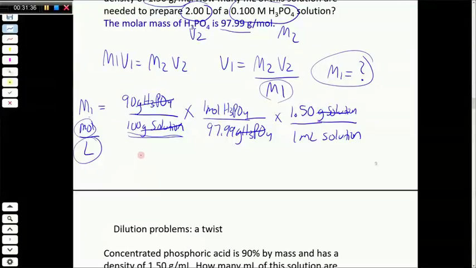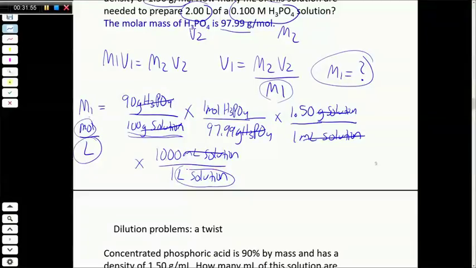But then if we want to go milliliters of solution in the denominator into liters, we multiply by 1,000 milliliters per 1 liter. Milliliters divide out, and that gives us now liters of solution in the denominator, moles of solute in the numerator, and we've converted the units correctly in this case. So a lot of steps to do this, but it allows us to calculate the molarity, which ends up being 13.8.